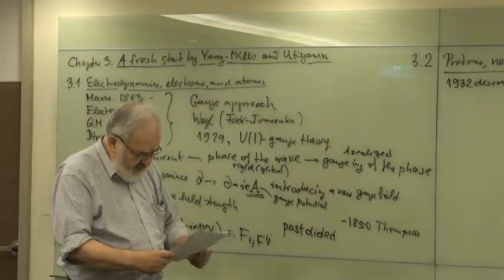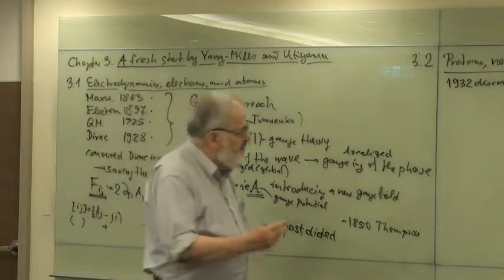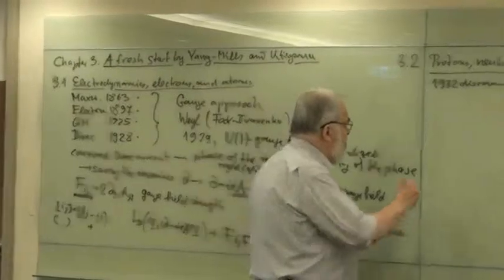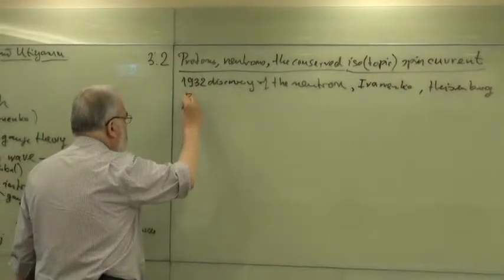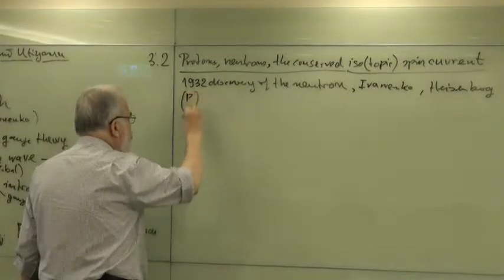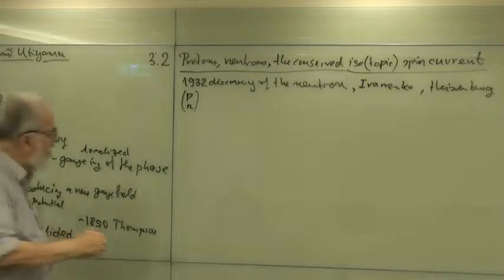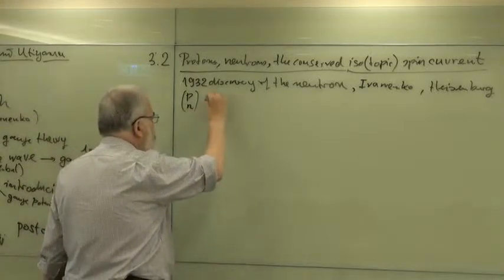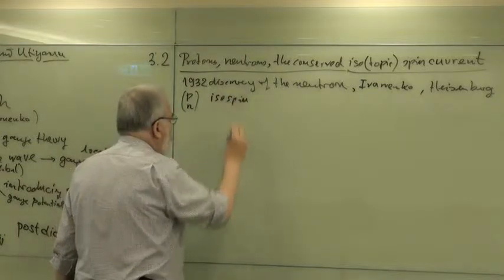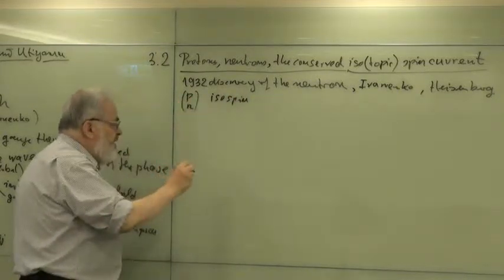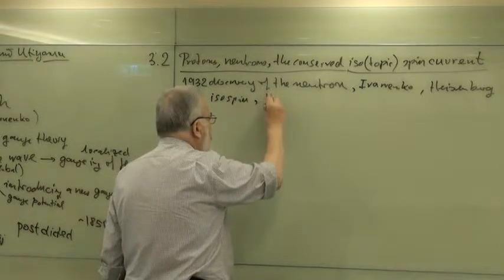So Heisenberg immediately thought that one should organize it as a doublet. So you sort of put together the proton and the neutron as a doublet. And this is called an isospin doublet. So he built a theory of nuclear force.